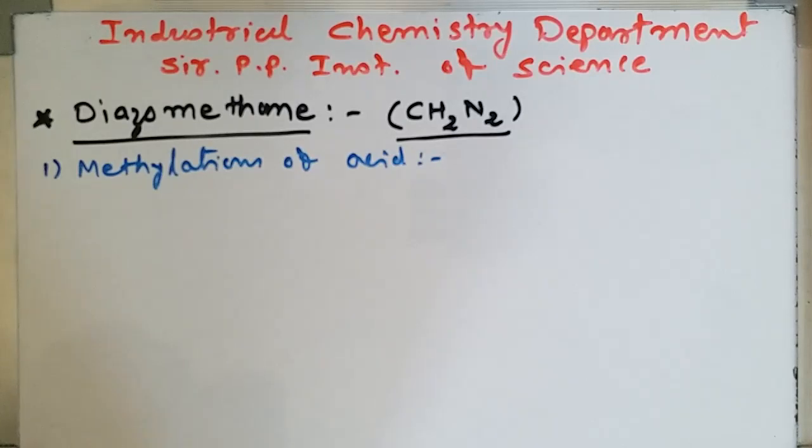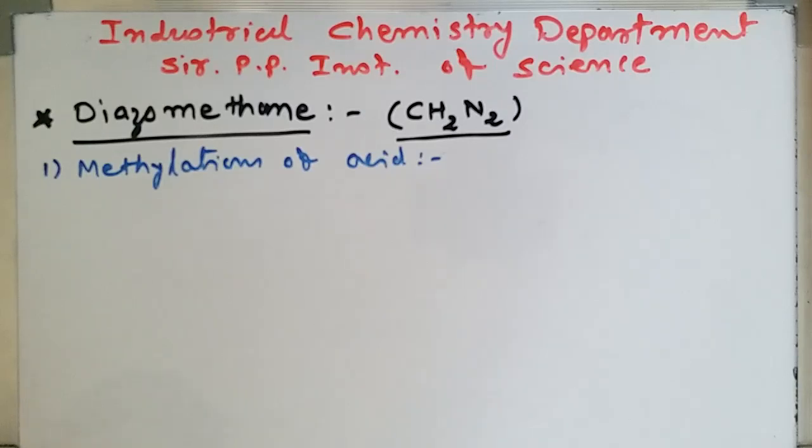Diazomethane is mainly used for esterification of carboxyl groups. The reagent also affects the methylation of phenol and some mineral acids.